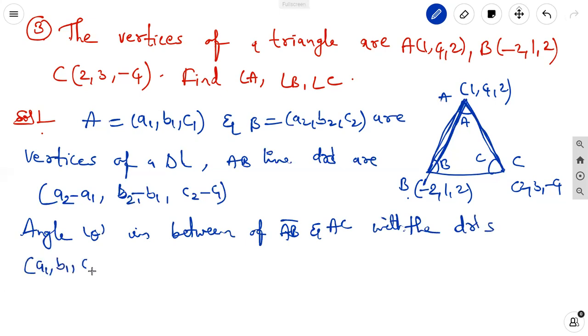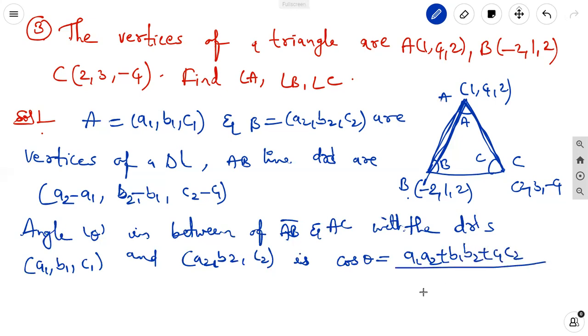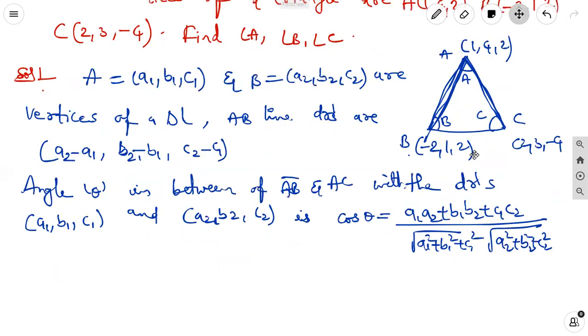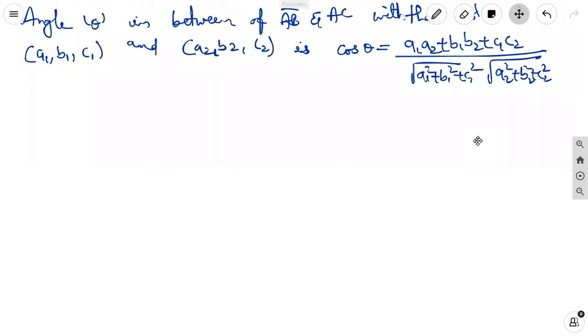Suppose a1, b1, c1 and a2, b2, c2, cos theta equals (a1a2 plus b1b2 plus c1c2) by under root of (a1 square plus b1 square plus c1 square) under root of (a2 square plus b2 square plus c2 square). These two formulas are related to this problem. Why? Because we can find out the angles with the lines. So we can find out the ratios. First we can write down the vertices of triangle.